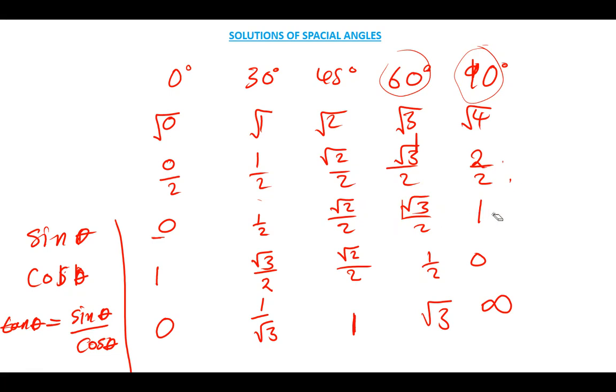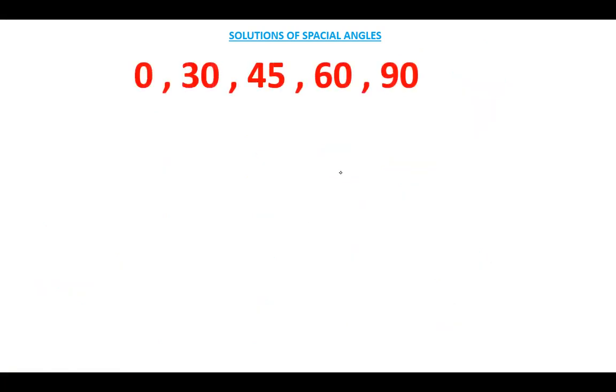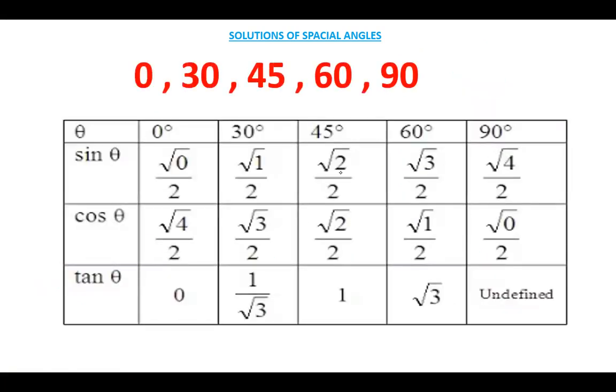I started with the last number. The last number on this side is the one that became the first number for cos. Then to find the solutions for tan, I simply divided sine theta by cos theta, and then found these answers. Right, so these are the solutions that I was talking about.